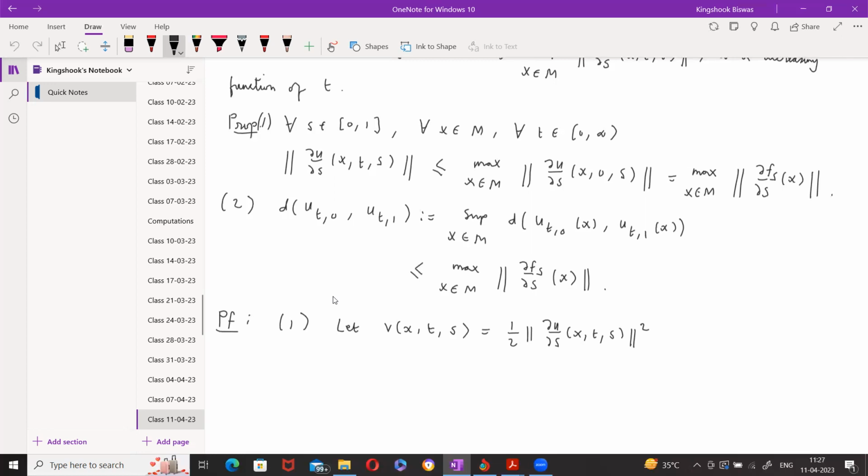Weitzenböck. Yeah, but to get estimates, what is the tool we've been using? That something stays bounded. Come on, you should be able to answer this. Otherwise, you haven't been following the lectures at all.